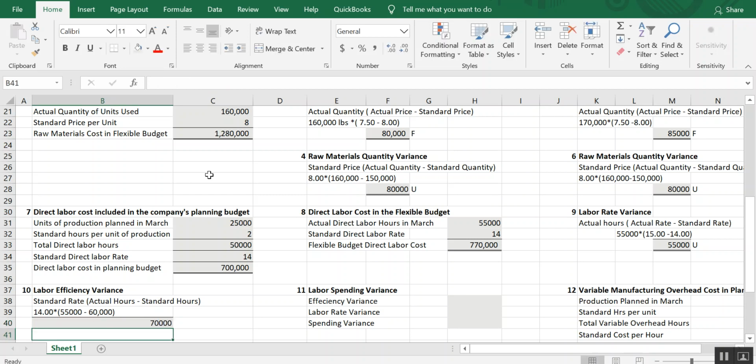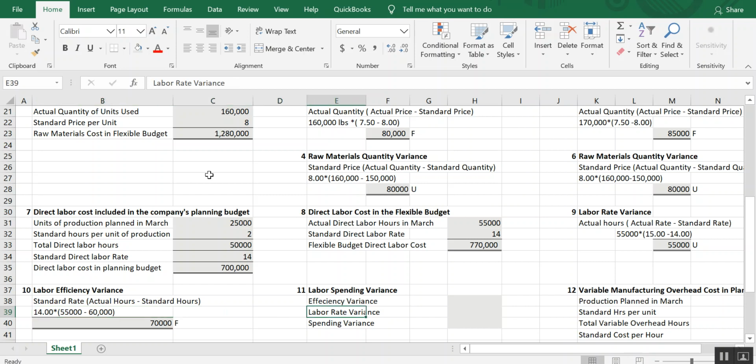And we get a $70,000 variance. This is going to be favorable because this is below what our standard would be to produce those actual 30,000 units. So what we're looking at in labor efficiency is we're saying, okay, how many units did we actually produce? How many hours were we allowed? And how many did we actually utilize?